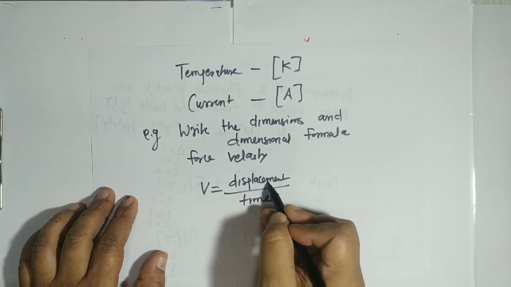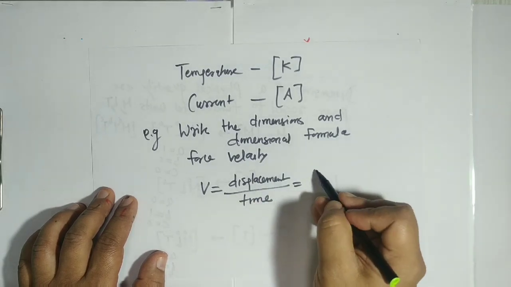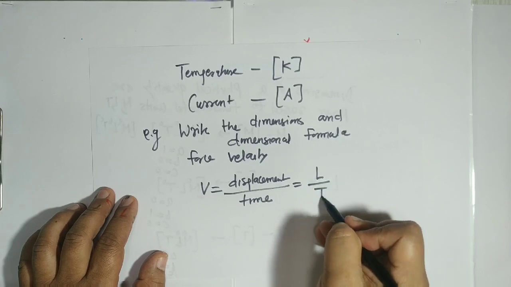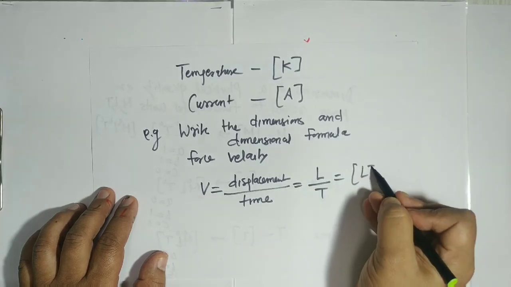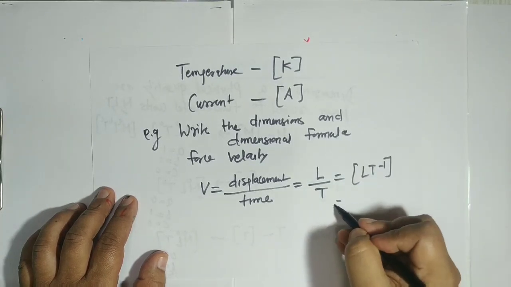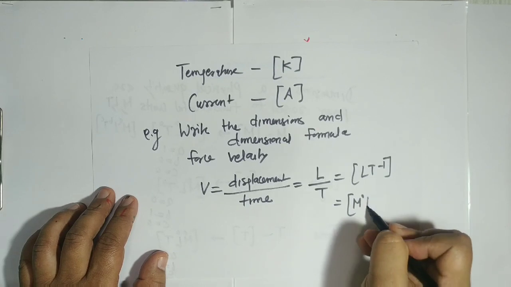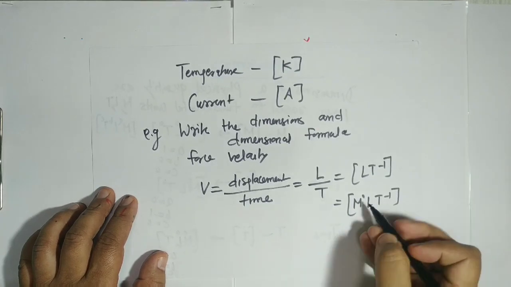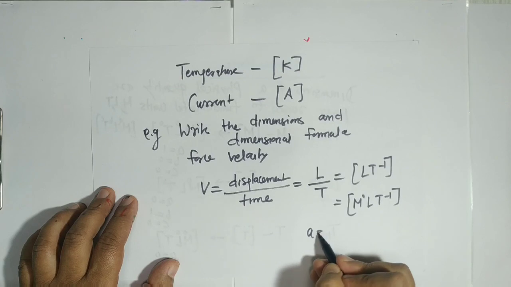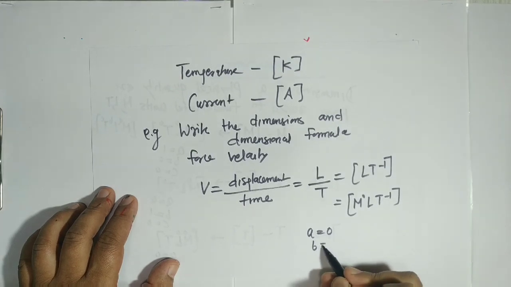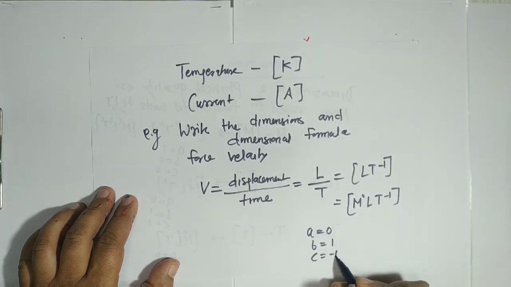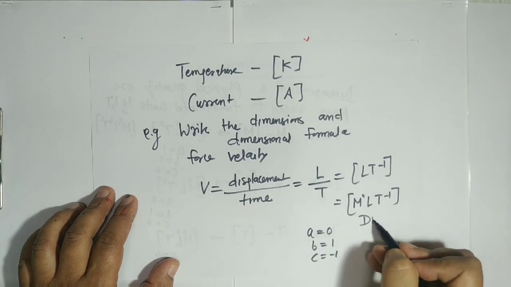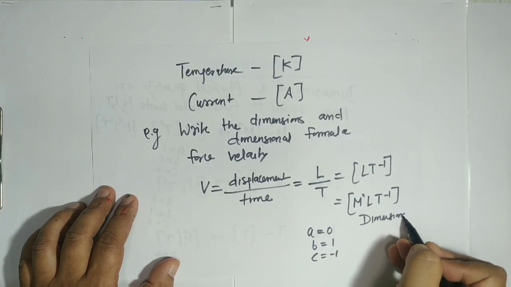What is the dimension of displacement? Displacement is actually a length. What is time T? So what will it be? L T minus 1. Can I write it in this form? Yes, M0 L T minus 1. So the dimension here, A is 0, B is what? 1 and C is minus 1. So this is the dimensional formula and these are the dimensions.